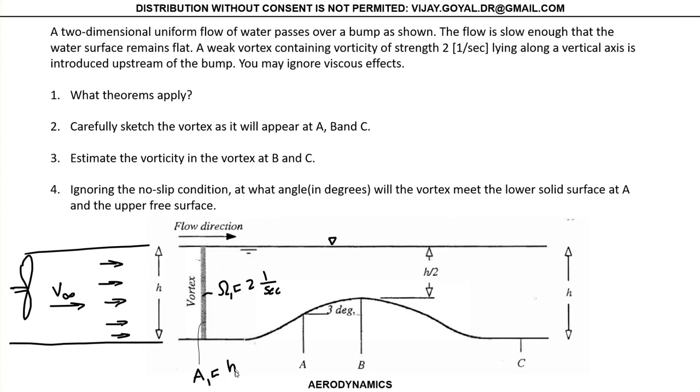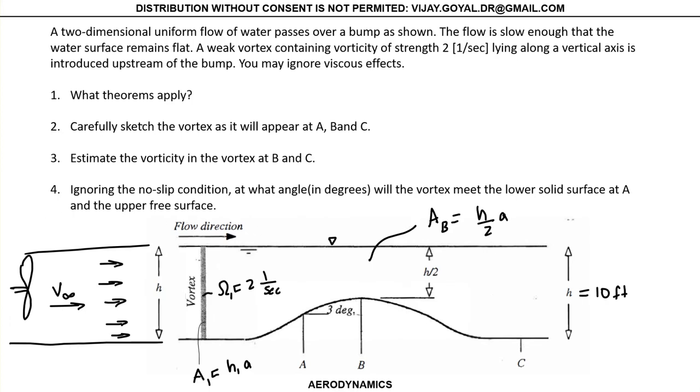So this is the length 1 times h1 times another, maybe the depth of this, let's call it a. And then let's call this equal to 10 feet. Okay, so this is what we have in this problem. And then area at B, we can see that would be h over 2 times a. And so we have the areas now.